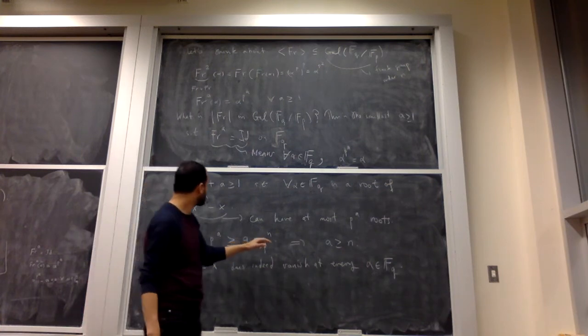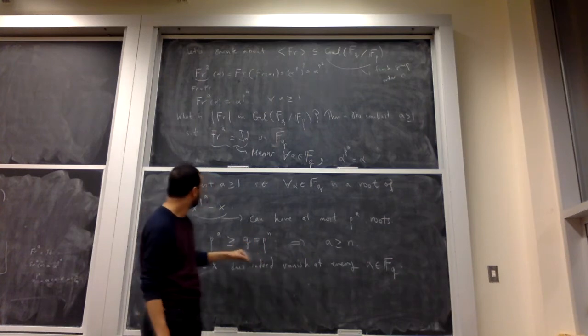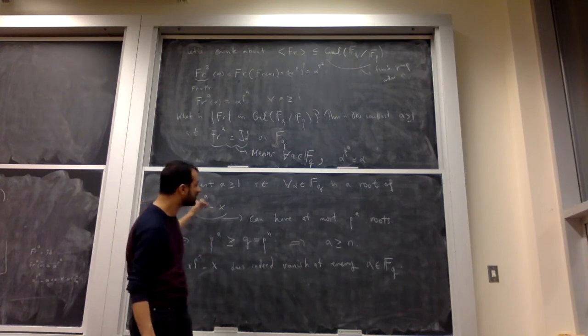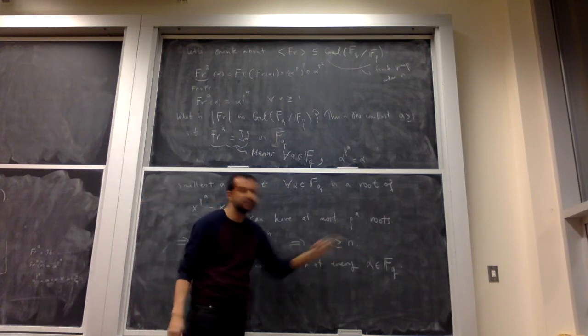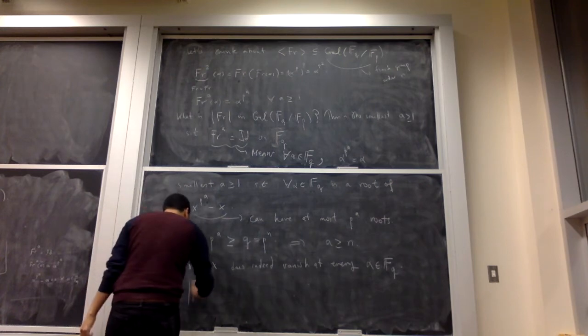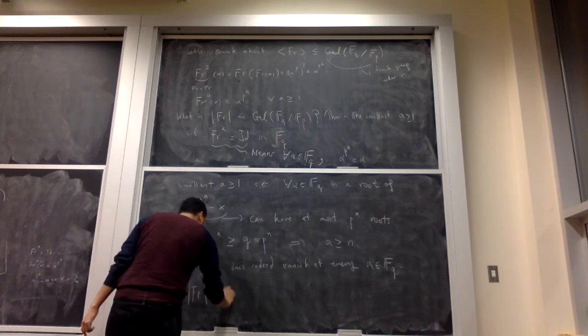And Frobenius to any power less than n can't be equal to identity. If Frobenius to any power is equal to identity, that power is at least n. So the order of the Frobenius is exactly equal to n.